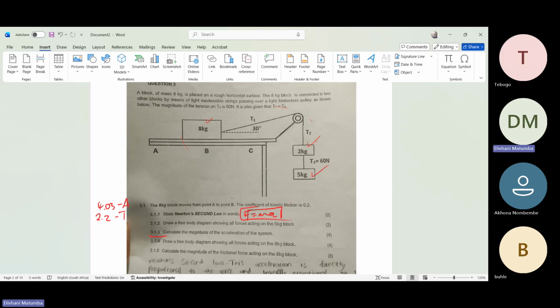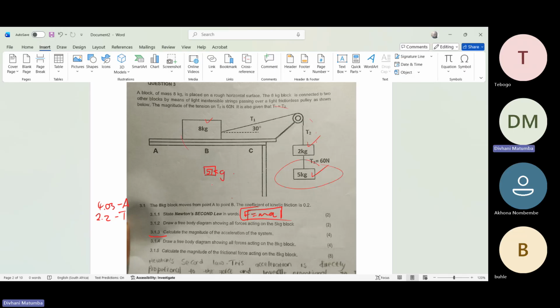Do you agree? Yes, I do. Okay, that means we can isolate any object and calculate acceleration. But in this case, they want us to isolate the 5 kg. That's fine. We will draw the free body diagram on the 5 kg block.